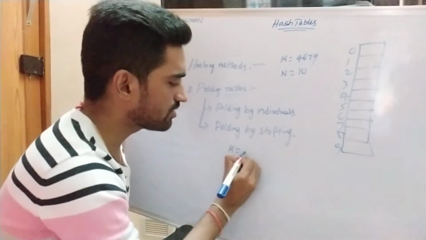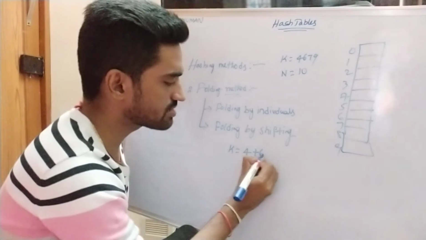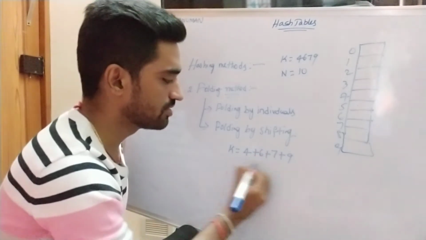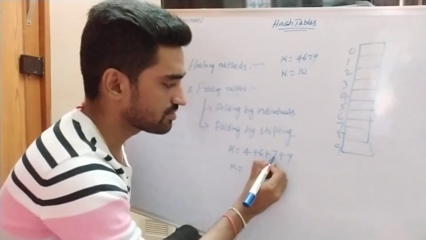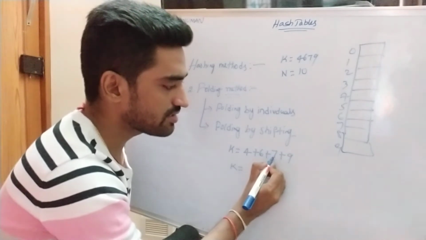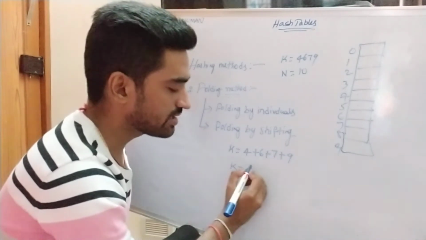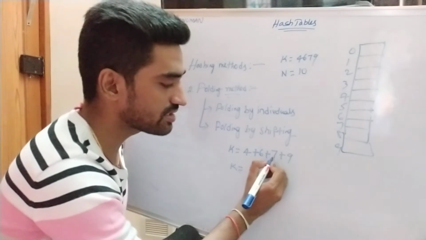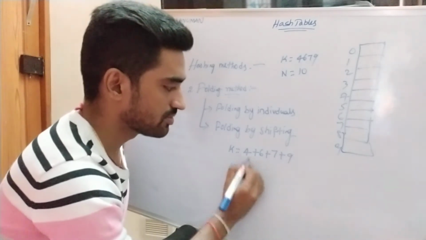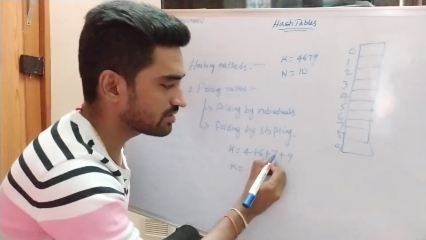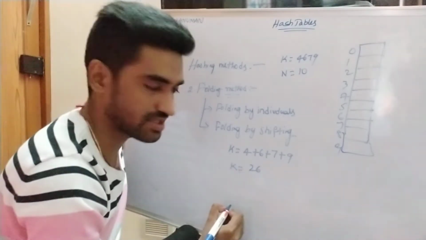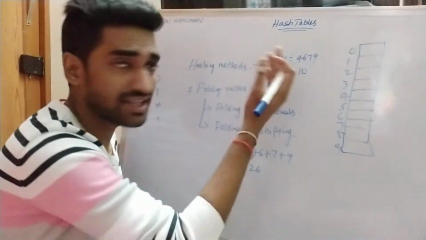So first we fold all the elements individually. k is equal to 4 plus 6 plus 7 plus 9. So what is the value? 10, 17, 26. 26, right? Then we apply the division method.